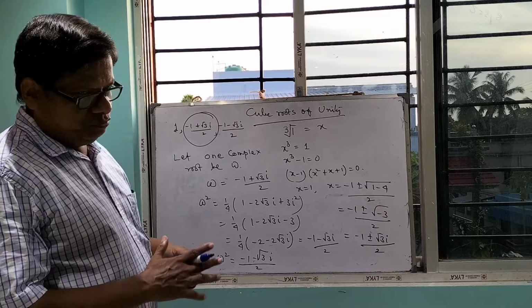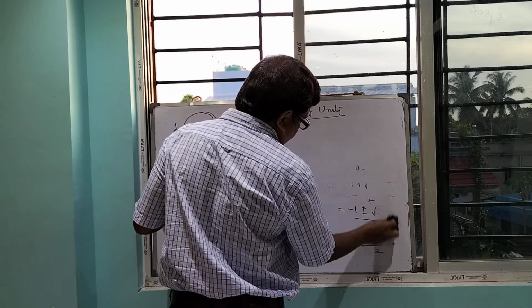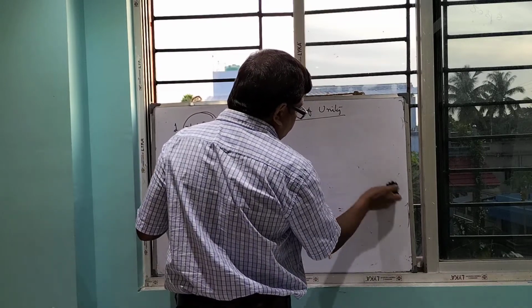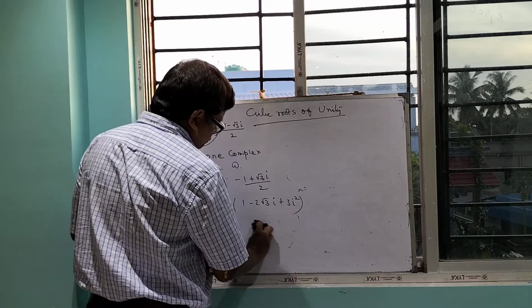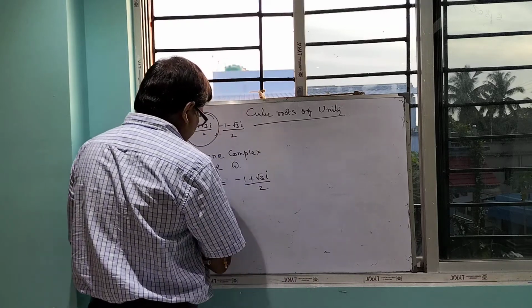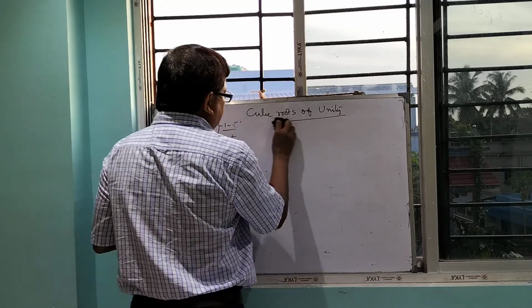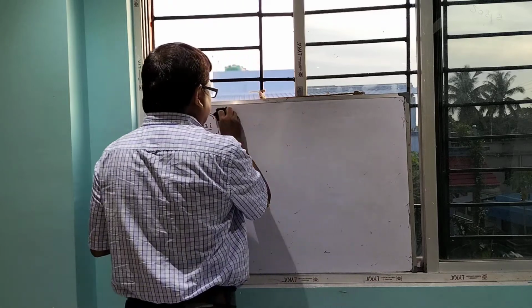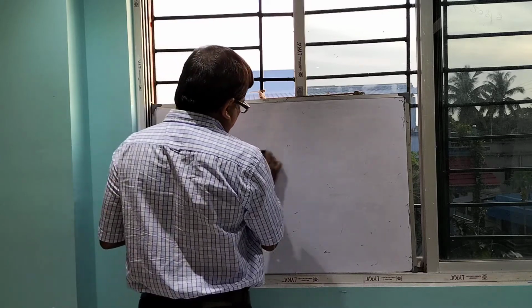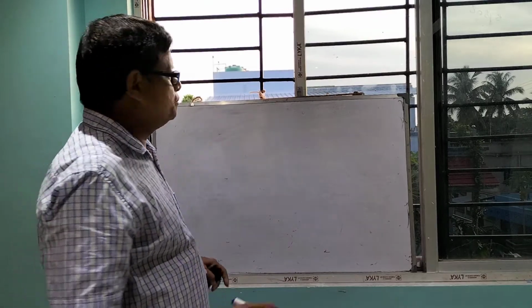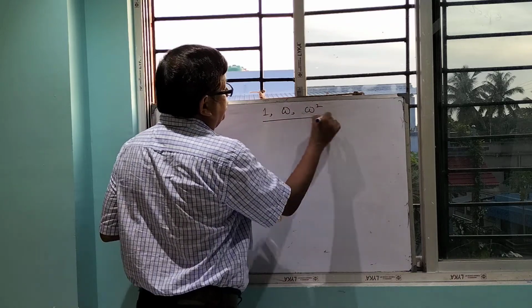So we are getting 3 roots of 1: 1, omega and omega square.